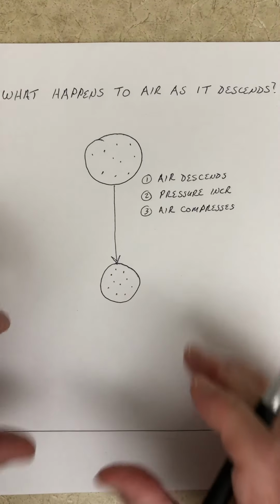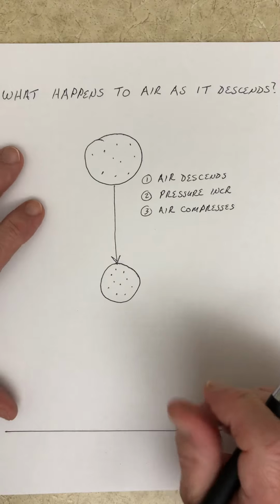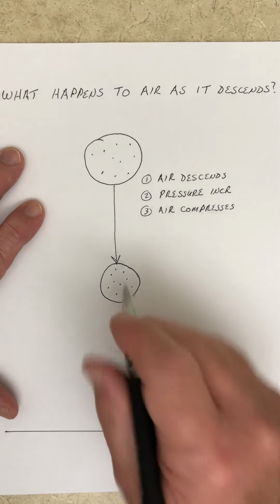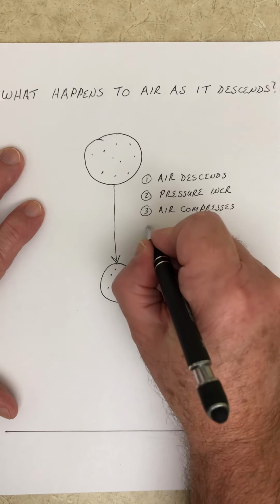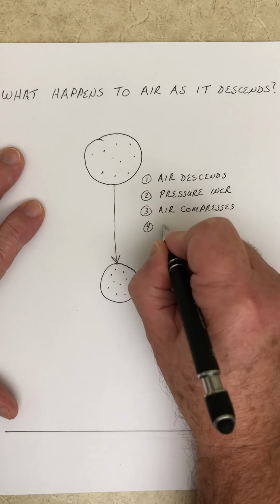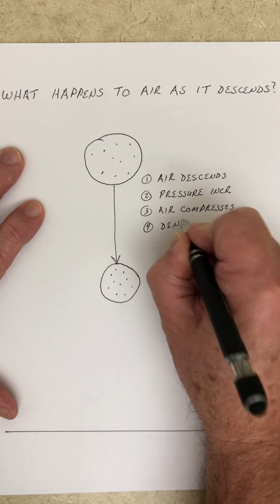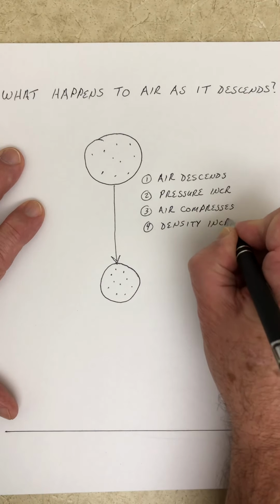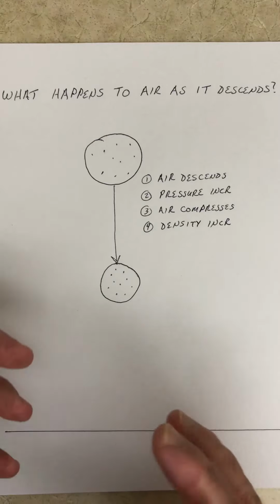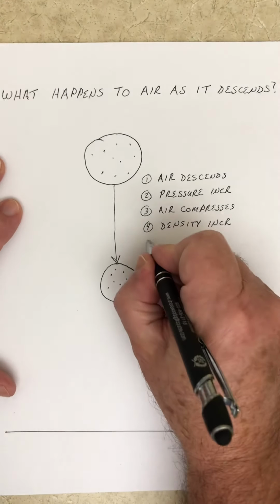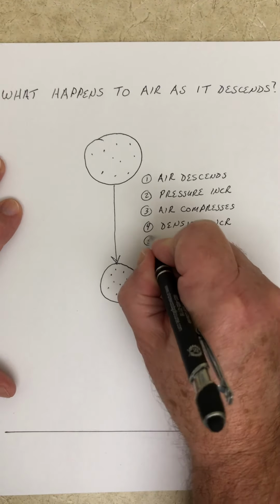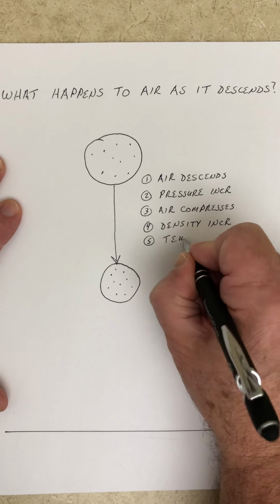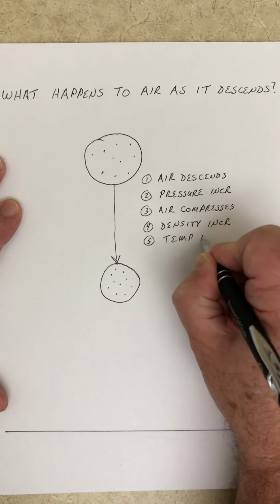Less volume, so those 10 air molecules in our air parcel are going to be closer together, and so the density of the air is going to increase. If the density of the air is increasing, the molecules are closer together, they're bumping into one another more frequently, creating friction, and so our temperature is going to increase.